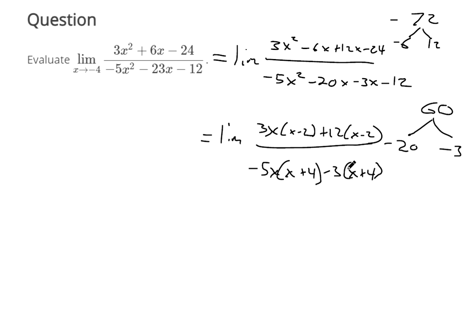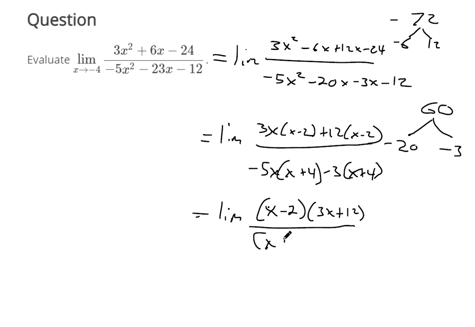And that's the whole point of factoring by grouping and finding this special number, right? Because now at the top I can factor out an x minus 2, and that leaves me with 3x plus 12, which could be simplified. We could take out a 3 from it. And on the bottom, I can factor out an x plus 4, and that leaves me a negative 5x minus 3.